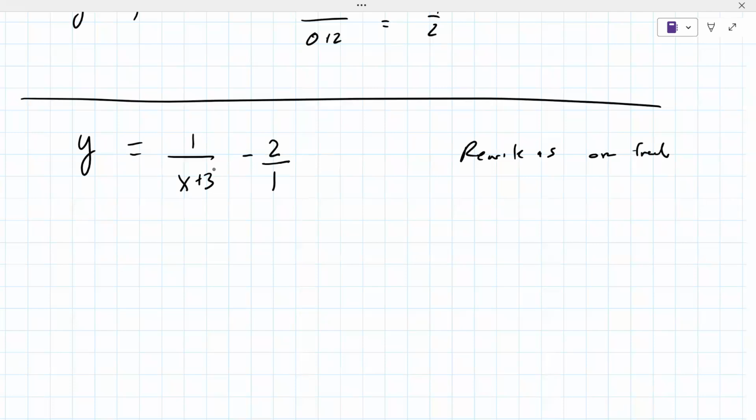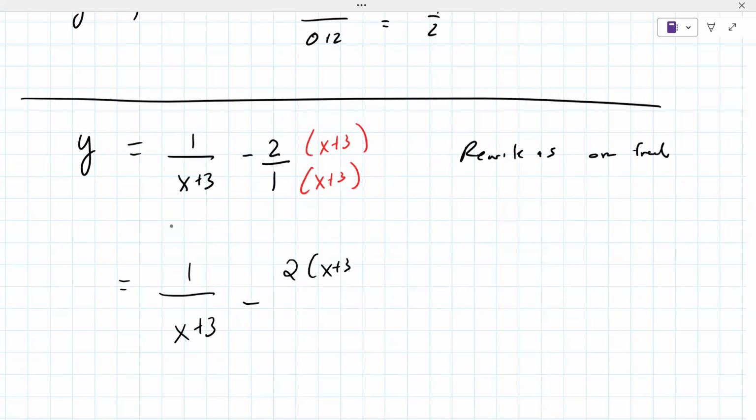Yeah, you're gonna do the same thing here. You're gonna multiply by x plus 3. So this becomes 1 over x plus 3 minus 2, x plus 3 over x plus 3, like that.